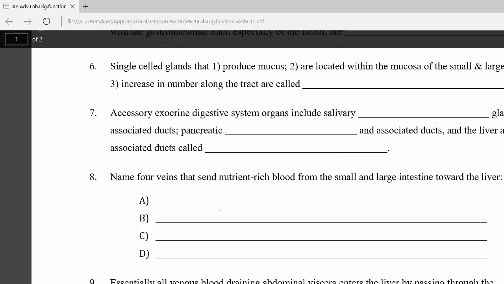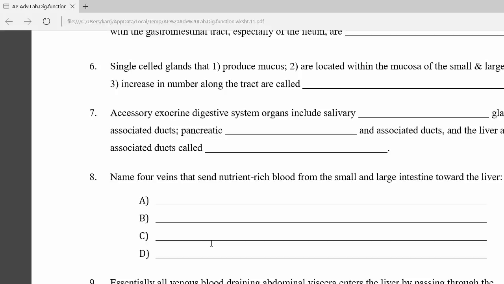For the veins that send nutrient-rich blood from the small intestine and large intestine toward the liver, we have the superior and inferior mesenteric veins. What do we call the vein from the stomach? The veins from the stomach are the gastric veins.